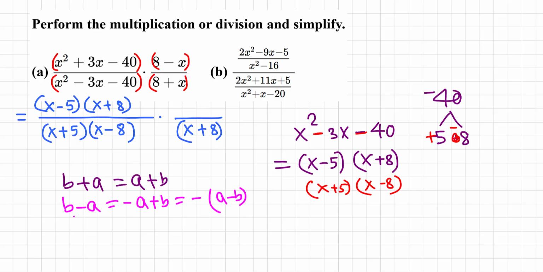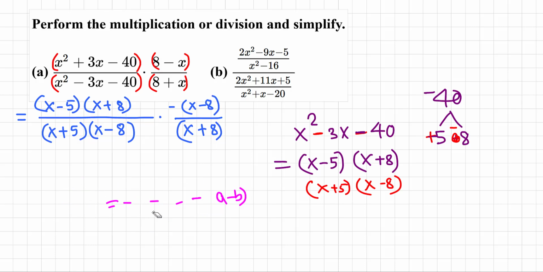Or you can just go from here to here. If you want to change the order when it's a negative sign, like b minus a to a minus b, you have to multiply by negative 1. So here on the top, 8 minus x is negative 1 times x minus 8. That's negative outside, meaning negative 1.